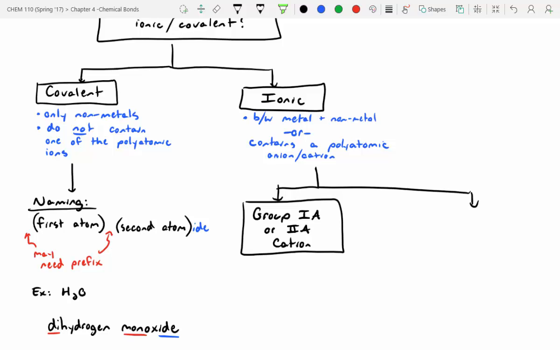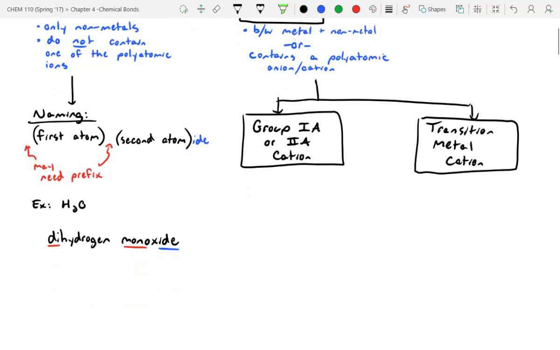Yeah, just transition metal cation. Okay, and then for naming, it's pretty easy. For this one, we just have our cation first, and then anion with an IDE suffix.